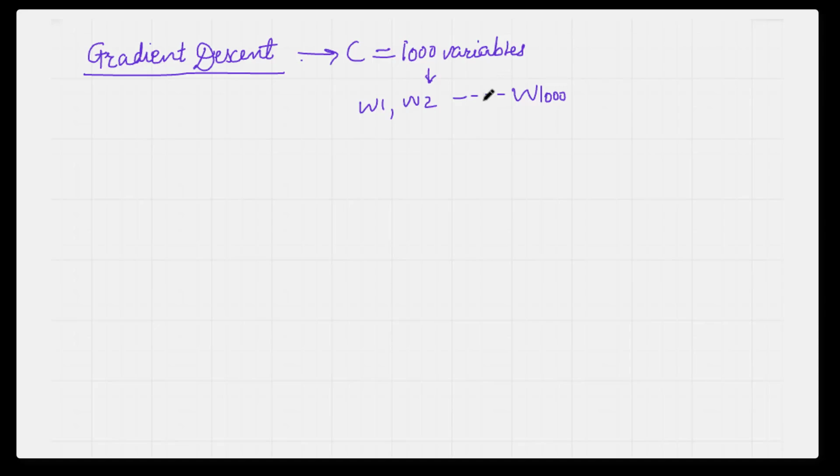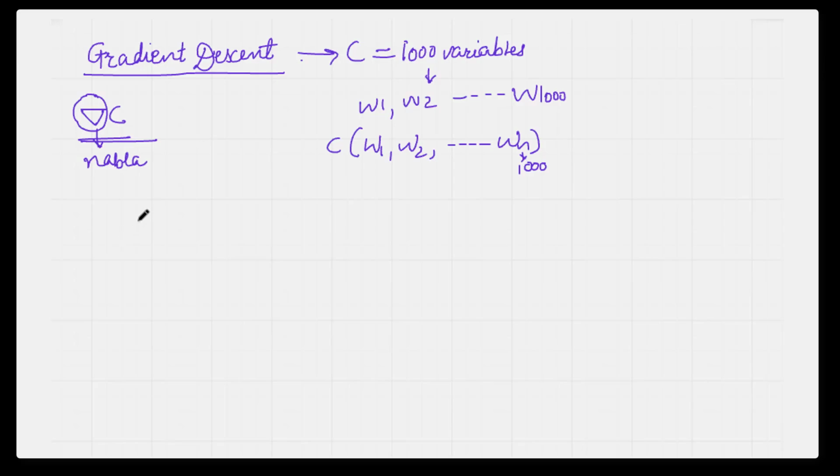We denote c as a cost function of w1, w2 till wn, where n is nothing but 1000. Now the gradient of c is denoted by this symbol, pronounced as nabla. It's just the collection of 1000 partial derivatives, since it has 1000 variables as its input.